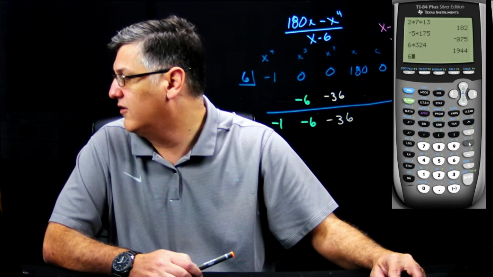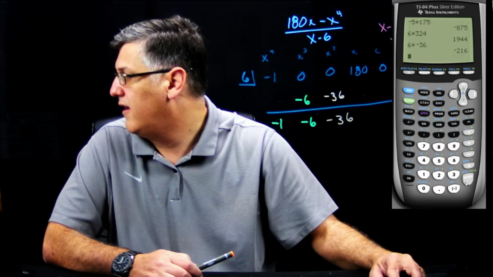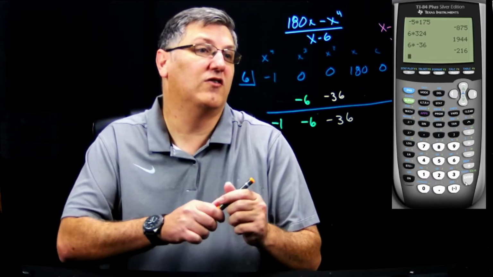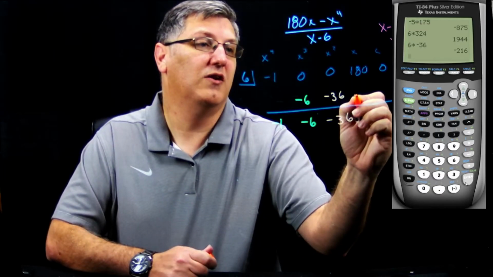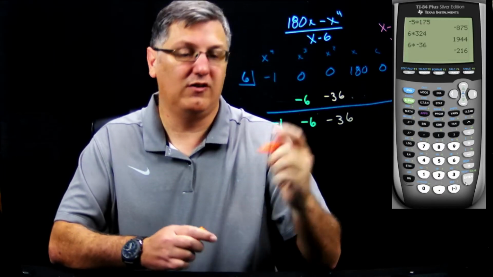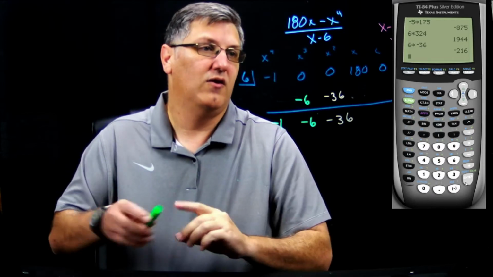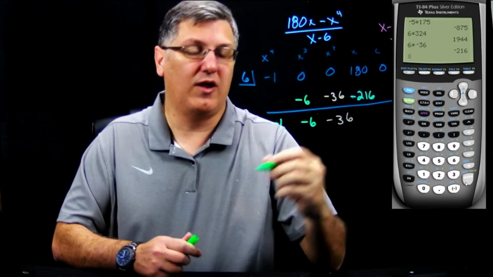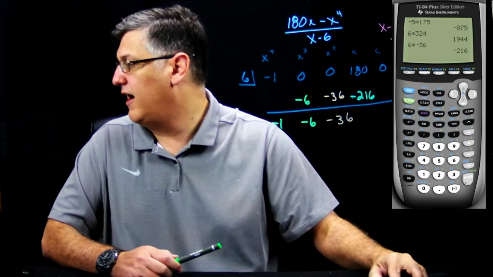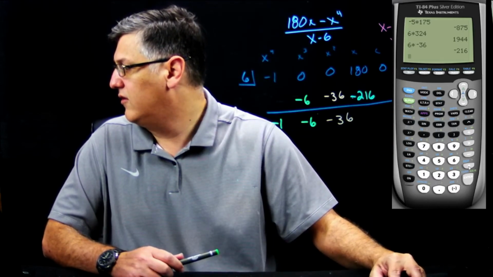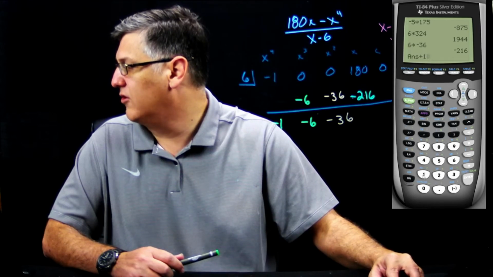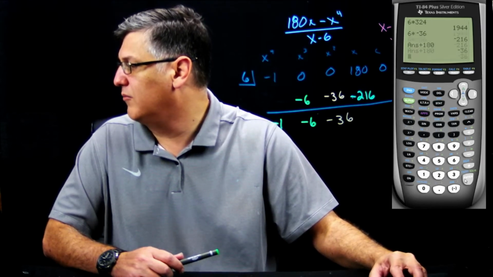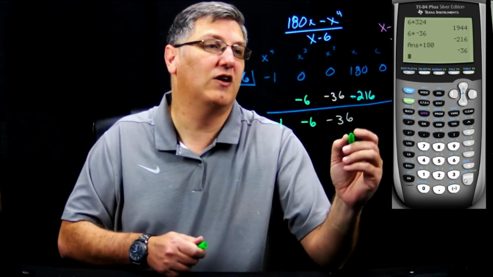So 6 times -36, and I get -216. So this gives me -216. Let's do a different color. So -216. I'm going to add. So let's add 180 to this. Plus 180, just to make sure we don't make any basic arithmetic mistakes, which gives me -36.